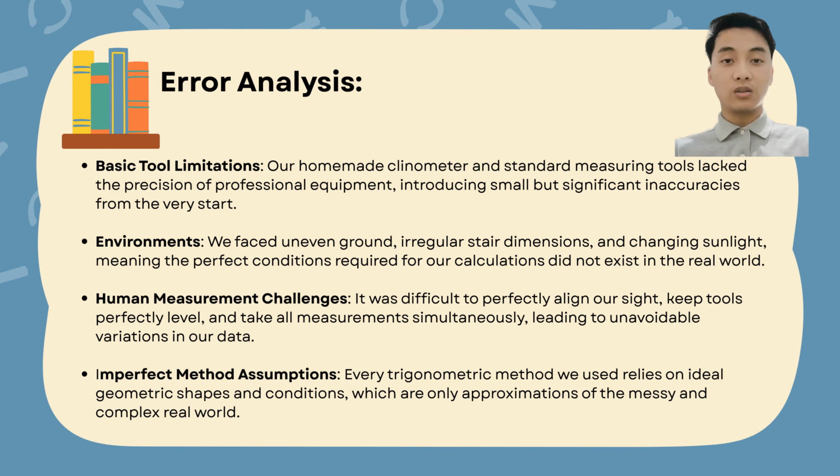It's quite difficult to perfectly align our sight and to keep the tool perfectly level. And the fourth one is the imperfect method assumption. Every trigonometric method we use relies on ideal geometric shapes and conditions, which are only approximations of the messy and complex real world. Thank you.